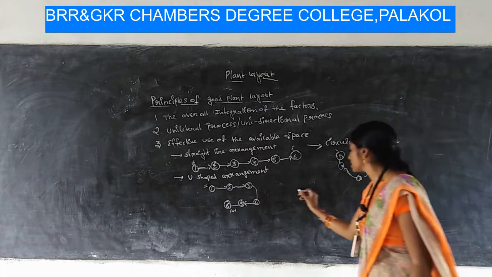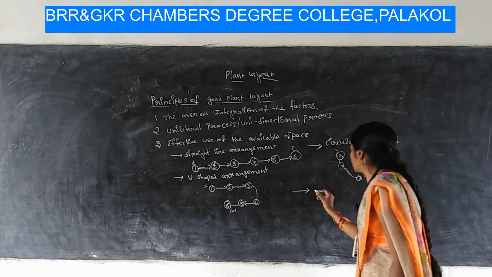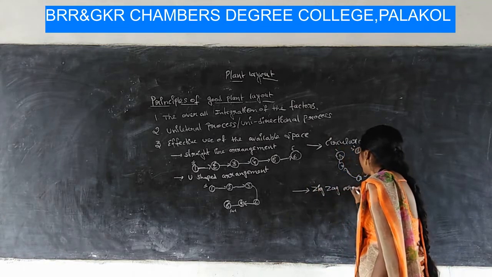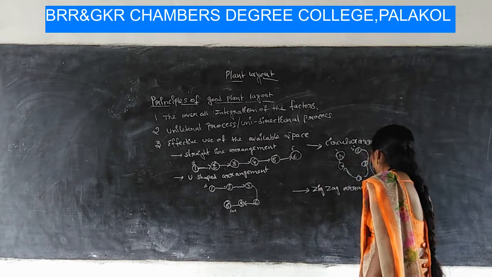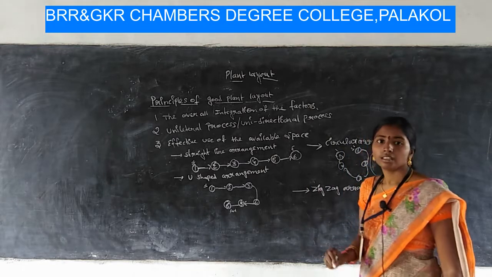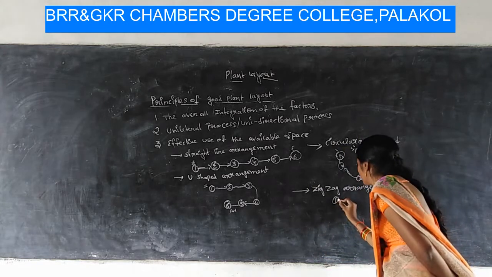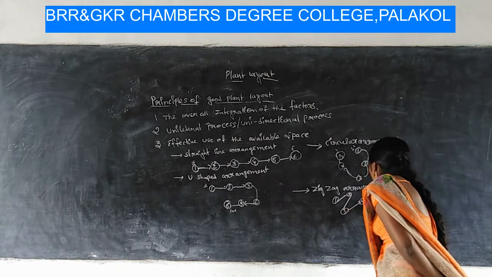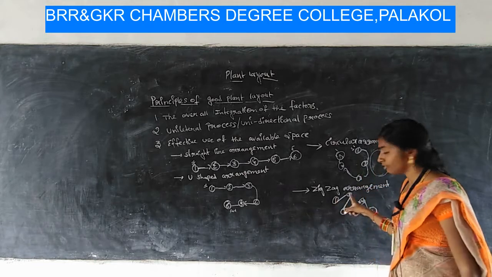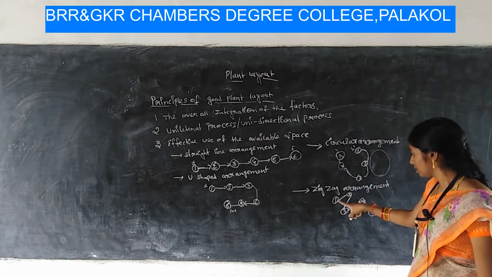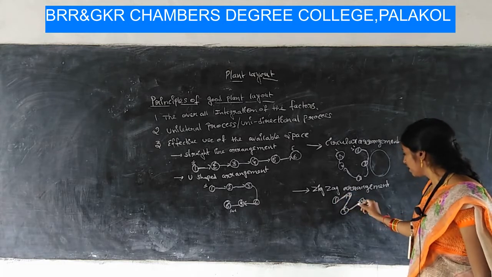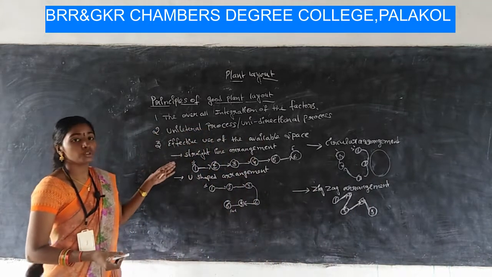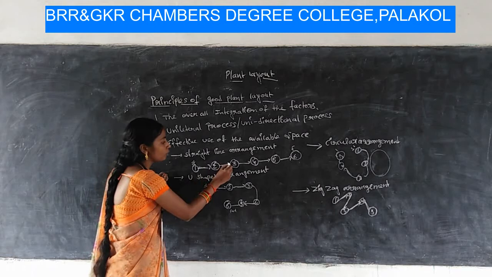And next one is the zigzag arrangement. Here from 1, 2, 3, 4, 5, the flow of material is in the form of a zigzag. That is 1, 2 and 3. If we observe all these structures, the material flow is unilateral, which means unidirectional. Only forward movement is there, no backtracking.